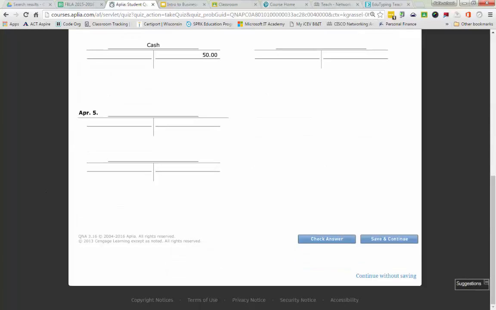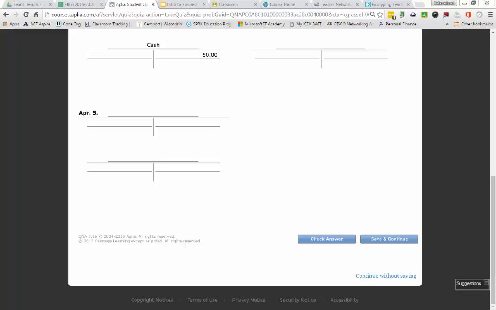April 5th. Pay cash for insurance. Let's go through. Carly, what are my two accounts that I'm affecting? Okay, which one do you want to talk about? Cash. What type of account is cash? Okay, what side of the accounting equation is it on?